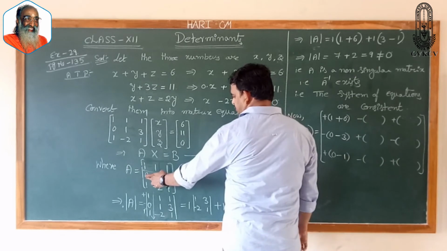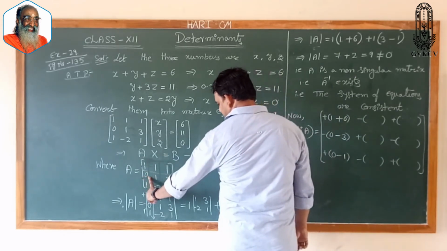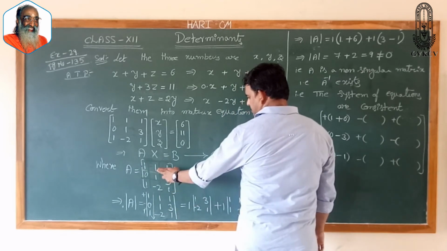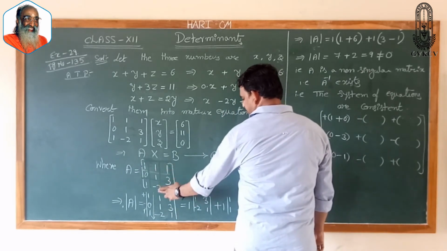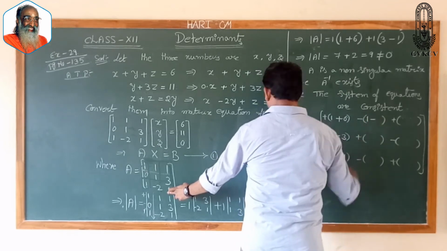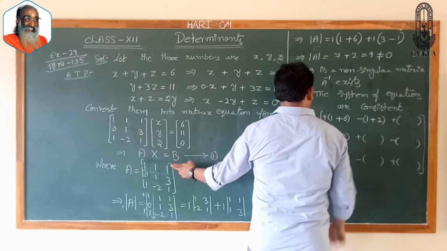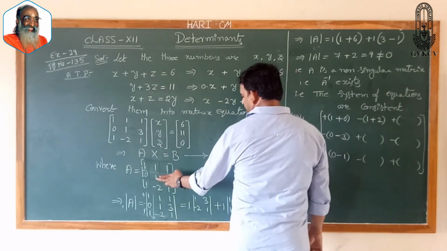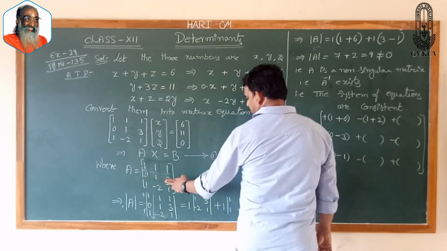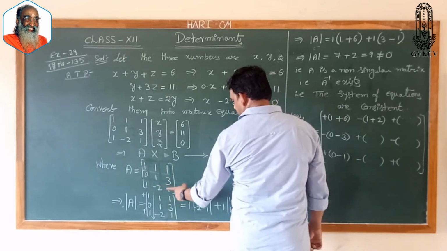When we talk about 0, leaving the respective row and column, we have 1, 1, minus 2, 1. So 1 into 1 is 1, minus 2 into 1, plus 2. Now talking about 1, leaving the respective row and column, 1, 1, 1, 1.